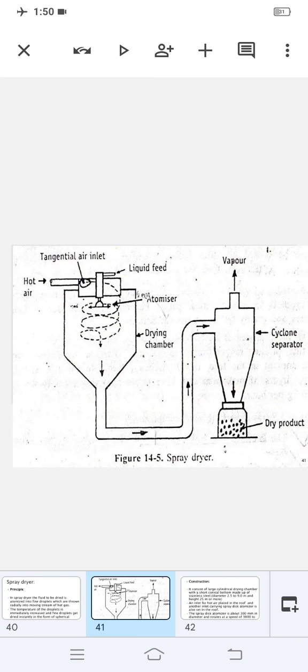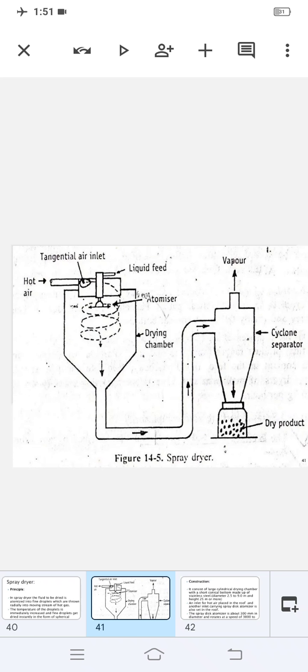The third step is the recovery of the dried product. At the end, we have attached a cyclone separator. What happens here? The centrifugal force of the atomizer drives the droplets to follow a helical path. You can see this in the diagram. The particles get dried during their journey and finally fall at the conical bottom. All this process is completed in just a few seconds.